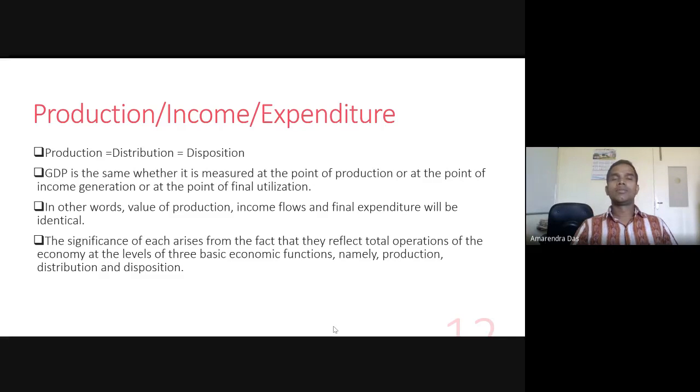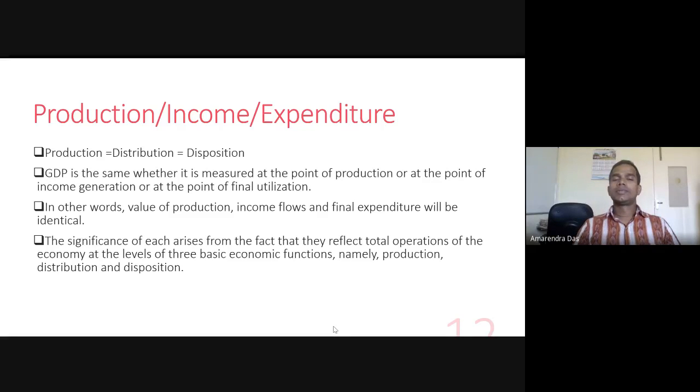GDP is the same whether it is measured at the point of production, at the point of income generation, or at the point of final utilization or expenditure. In other words, the value of production is equal to income flows and final expenditure. So these will all be identical.